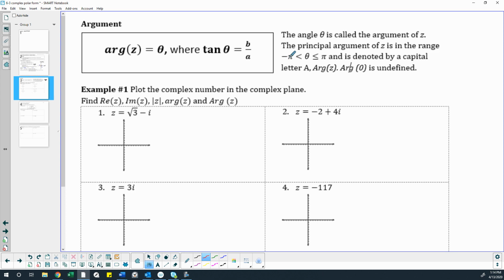You would never give the answer -pi, you would give the answer +pi. So that's kind of interesting. That covers all 4 quadrants, but it's negative angles in quadrants 3 and 4 and positive angles in quadrants 1 and 2. So when we're talking about the principal argument, we use a capital letter for our argument of z. And just be aware that the argument of 0, if z equals 0, is undefined.